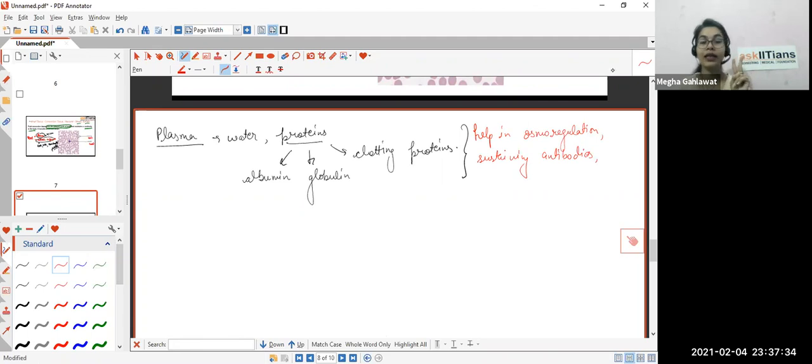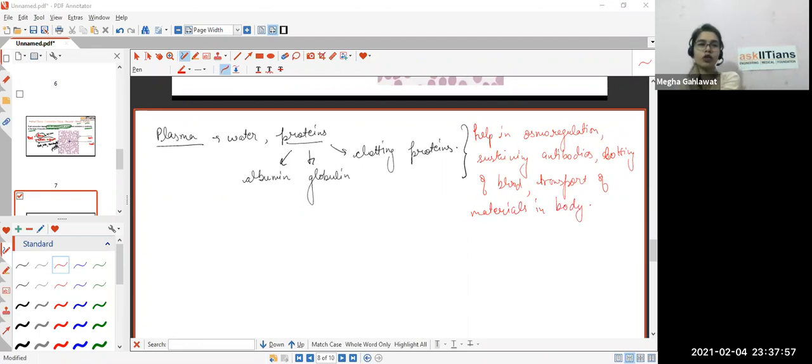Apart from that, they help in clotting of blood, which is very important, right? And they help in transport of materials in the body, materials or components or whatever it could be.